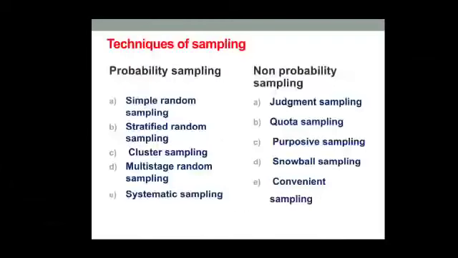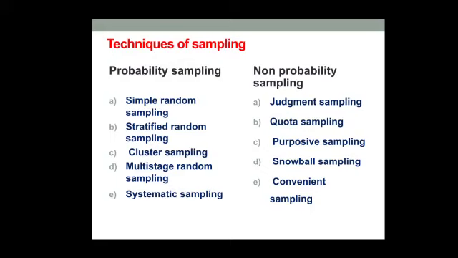And what are the techniques of sampling? There are two techniques. One is probability sampling and the other is non-probability sampling. So you can expect a question from here. Most often UGC may ask, which of the following is not a probability sampling, or which of the following are probability sampling. So that type of questions you can expect.